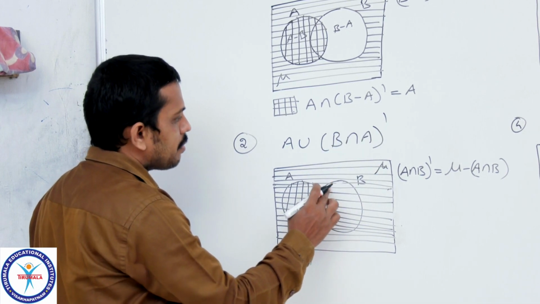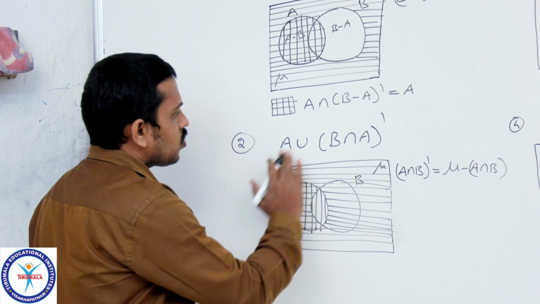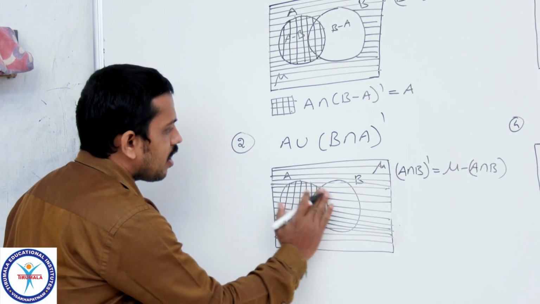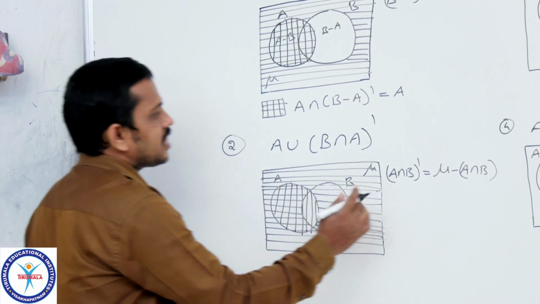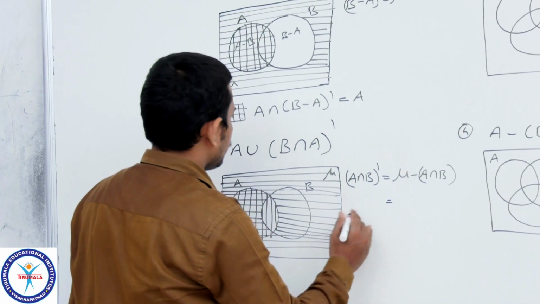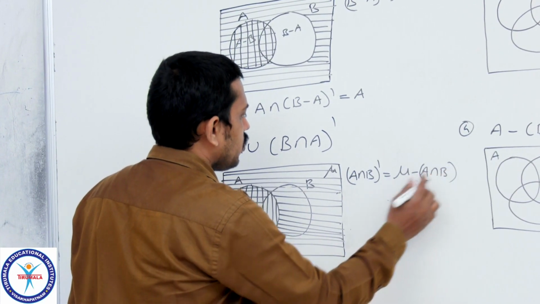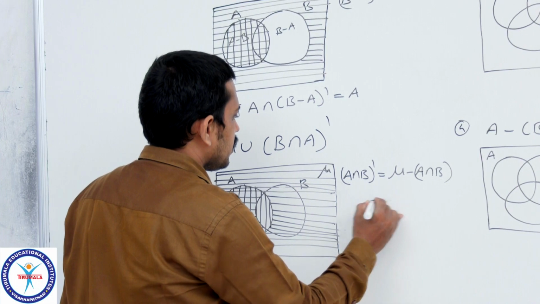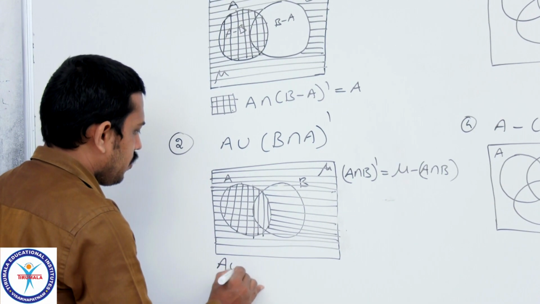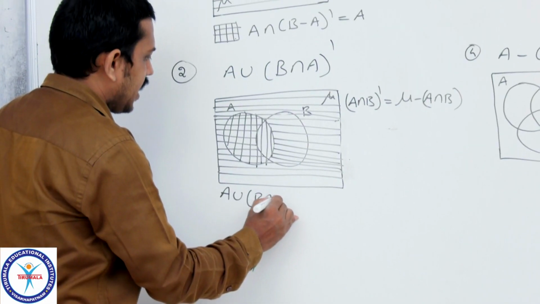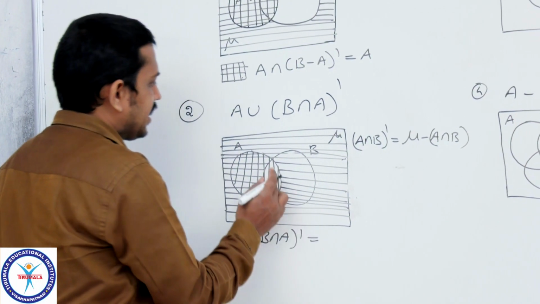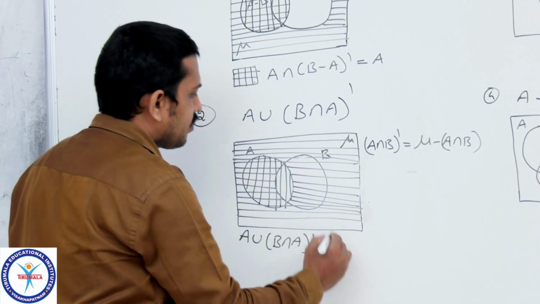B intersection A complement means this total region. So, we consider this region or this total region, which is nothing but the universal set, mu minus A intersection B. Therefore, A union (B intersection A) whole complement is the total universal set.